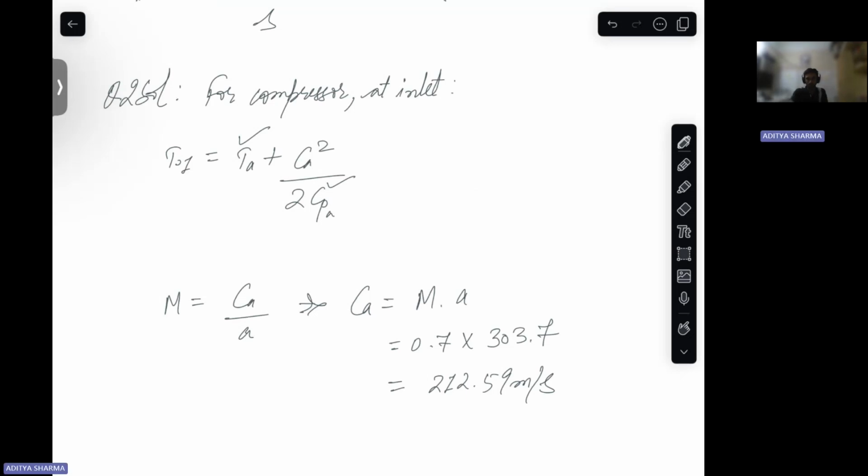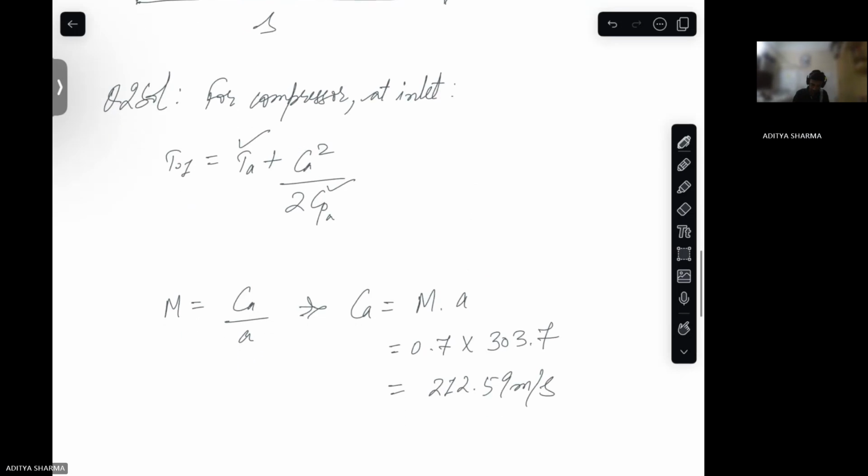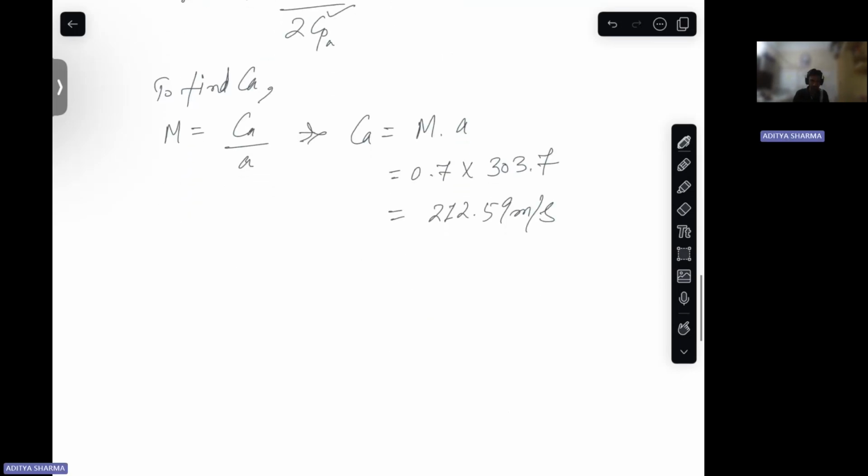So this is T01. This is M. Okay. Yeah. Let's see.